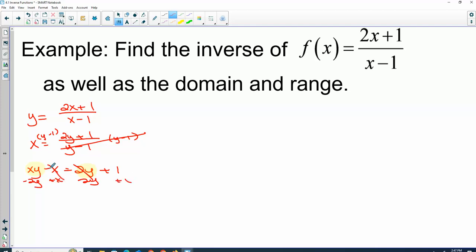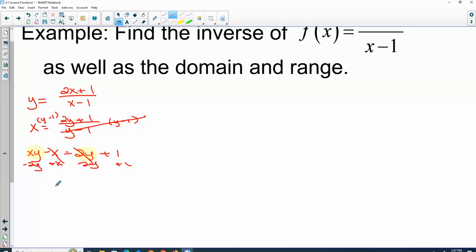So I'll add my x over. So I reordered it. Both terms on the left have a y. Terms on the right do not. They aren't like terms, so I can't actually combine them. How does this help me?